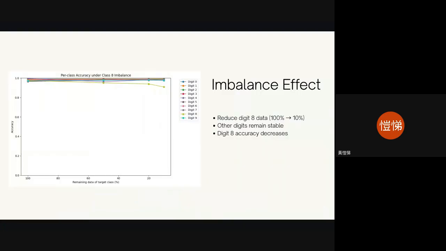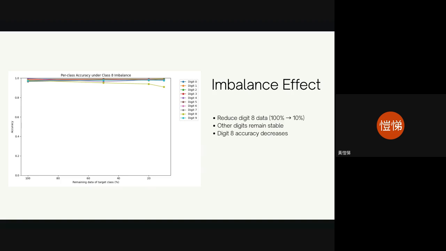In this experiment, we reduce the training data of digit 8 from 100% to 10%. We retrain the model and evaluate the performance. We observe that most digits remain stable, while only digit 8 shows a noticeable decrease.